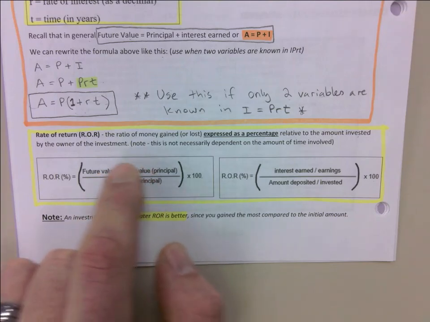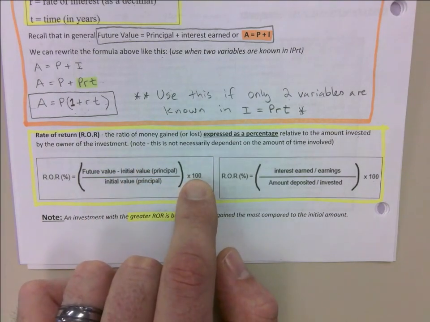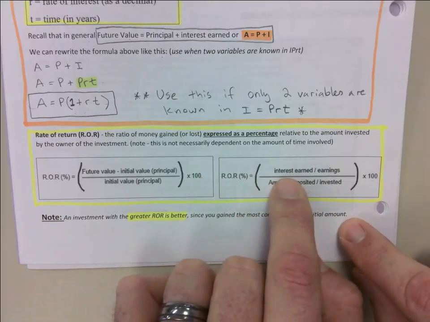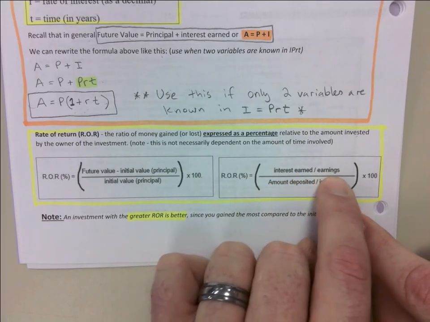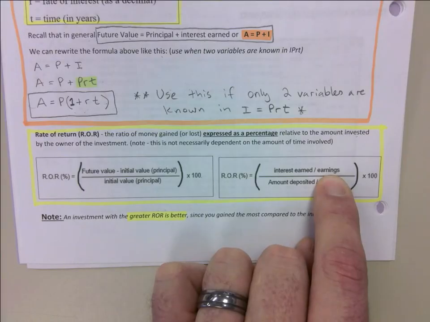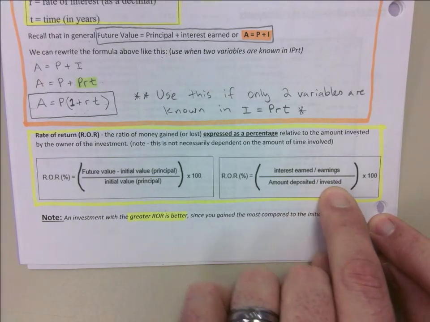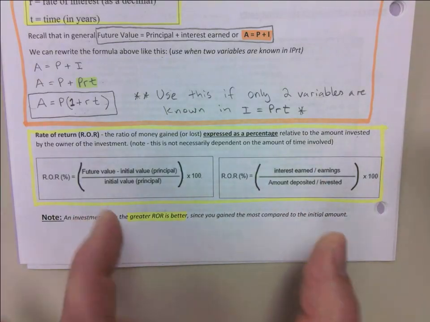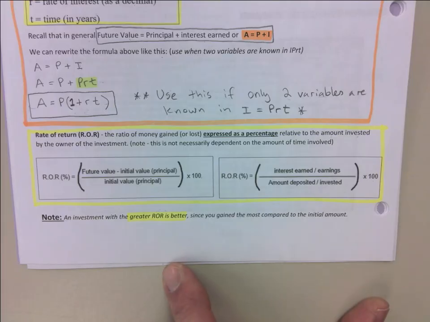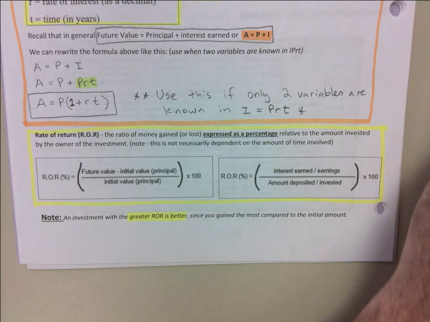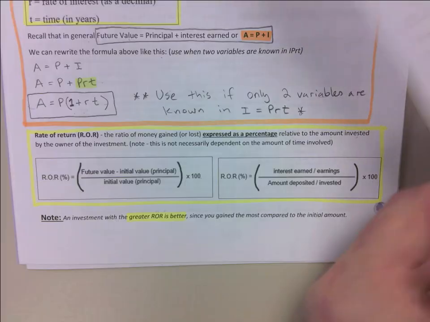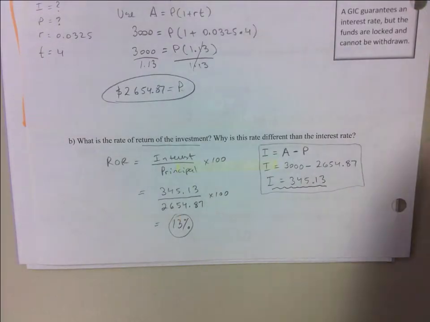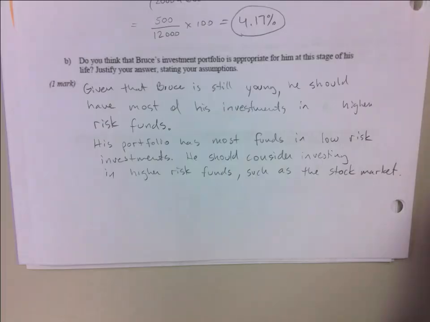So it's essentially interest divided by the principal times 100, or you can think of it as the earnings you've accumulated divided by the amount deposited or invested times 100. They're doing the same thing, but sometimes one is better to use than another, okay?